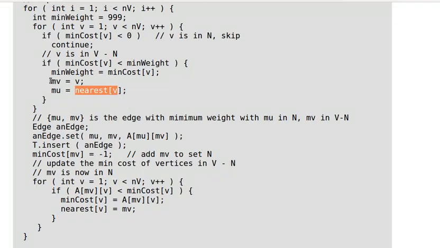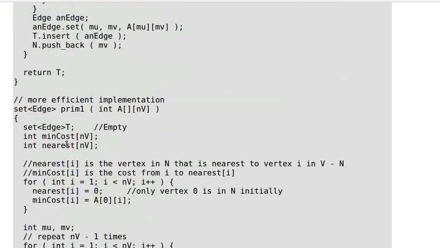So when we exit, we find the mu and mv. So mu mv is the edge with minimum weight, and mu is in N, and mv is in V minus N. So again, we declare an edge, and set the edge to be mu, mv, start vertex and end vertex, and the weight given by A mu mv, and then put that into the set T. And we also put mv, now it is in N, we expand our N, just like this diagram.